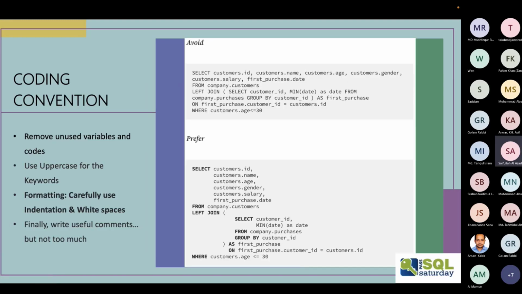Another point is indentation. When we develop a query, we must use readable indentation, which helps in understanding the query. Another is white space. White space helps the compiler identify and separate the query parts. Here's a query where customer is less than equal to 30, with no gap.